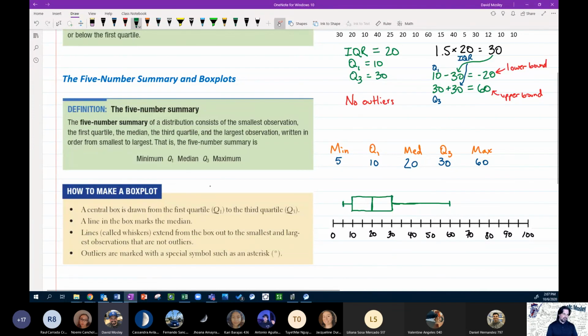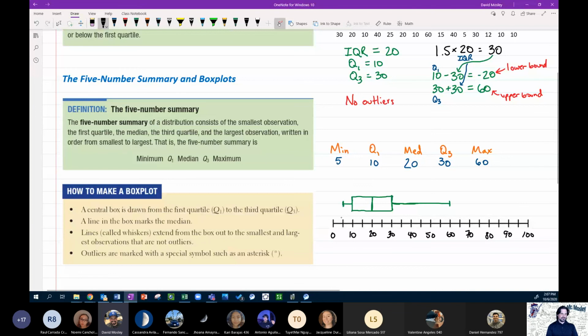Any outliers are marked with a special symbol, such as an asterisk. So we don't just leave them off the graph. We will mark them. Like if I had something out here, I could put another point in another color. I could use a little asterisk, something of that nature, to show that it is an outlier. We don't have those, so we're not going to use them. All right, so there's our box plot.